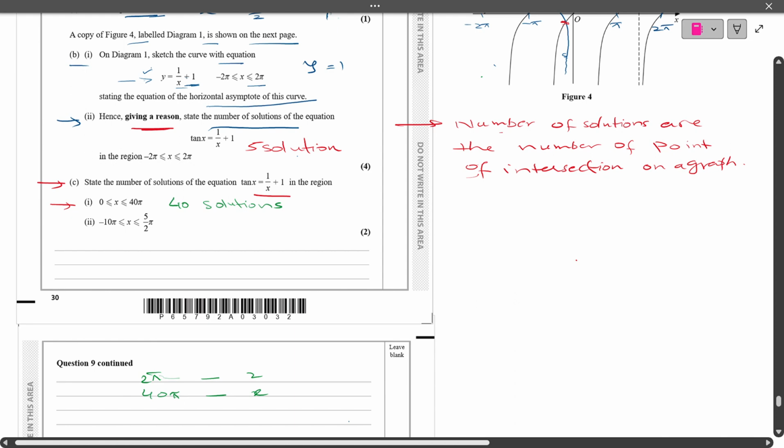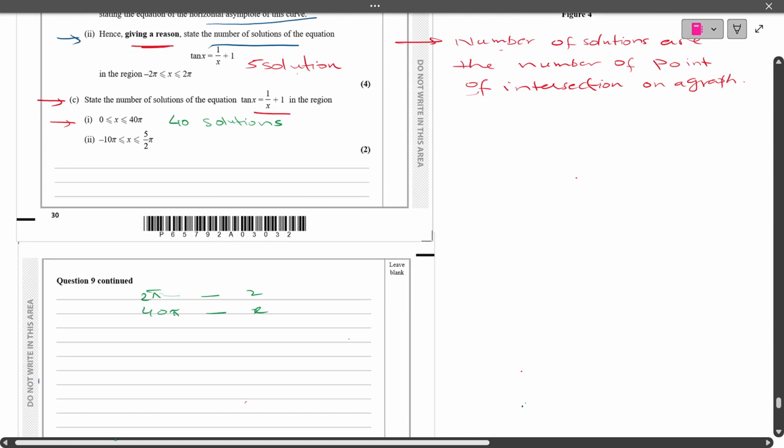So here, you can do the cross multiplication, or you can apply a direct proportion. So 40 pi over 2 pi, and that is 20, and x over 2, so x is 2 times 20, which is basically 40. So for 40 pi, I'll get 40 solutions.